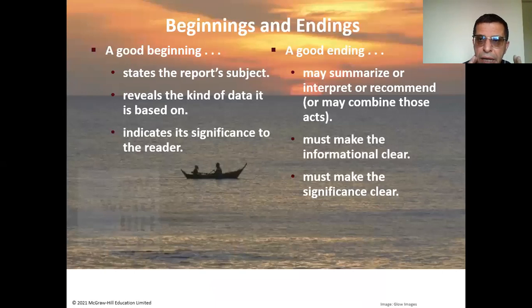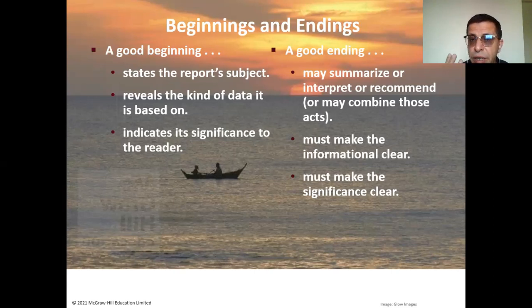Now, beginning and end. A good beginning states the report subject and reveals the kind of data it is based on. So you want to make sure the reader believes in you, believes in this data, believes in the subject. You need to reveal the kind of data it's based on and indicate its significance to the reader.